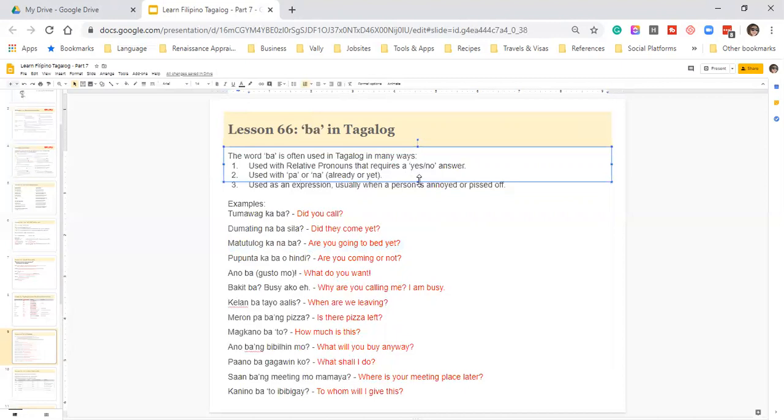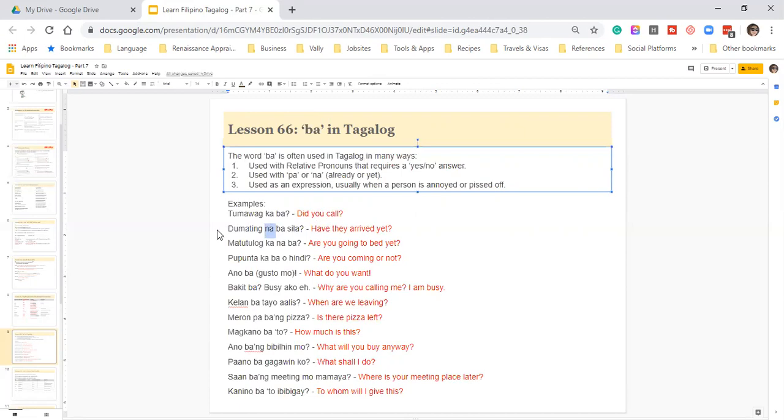So when you use ba, you don't have to use it with pa or na all the time. But if you mean in your sentence like yet, if you want to put that word yet, did they come yet? Have they arrived yet? Then you will have to use pa or na.